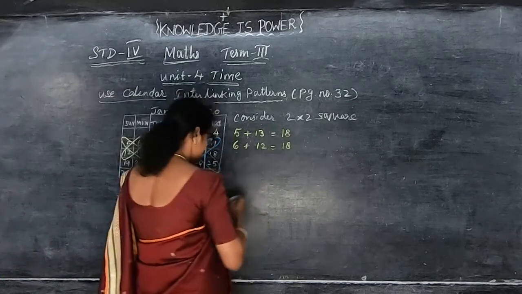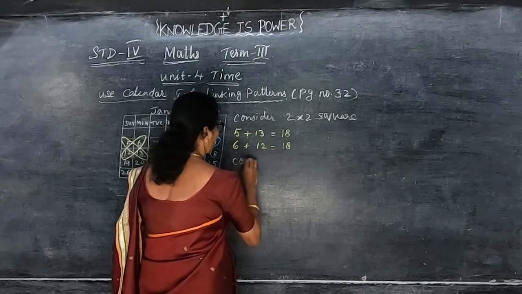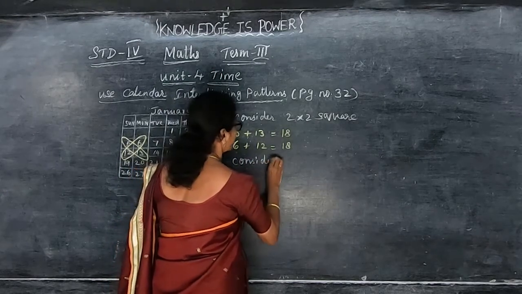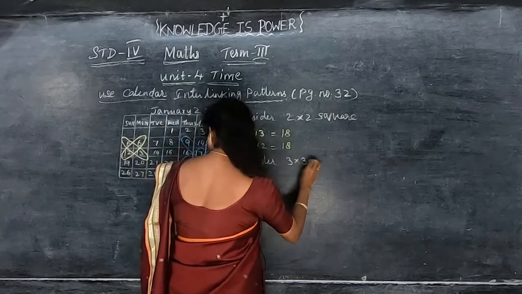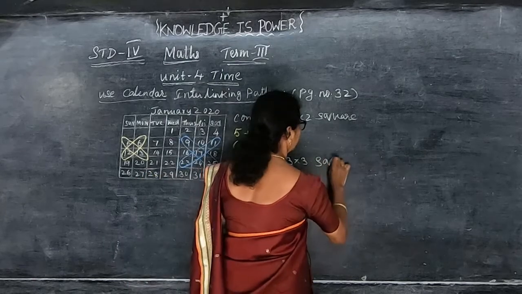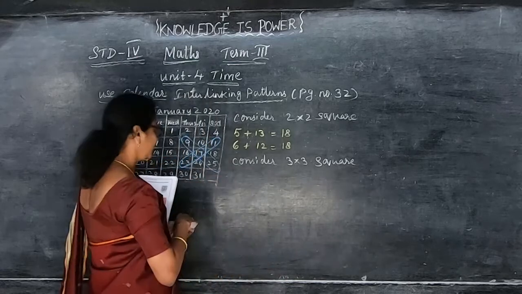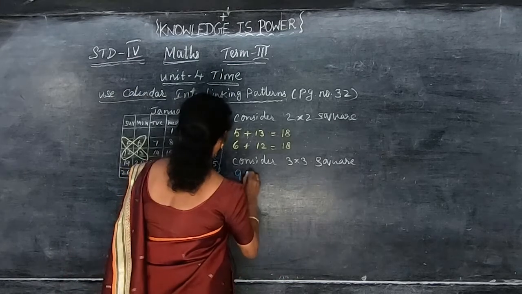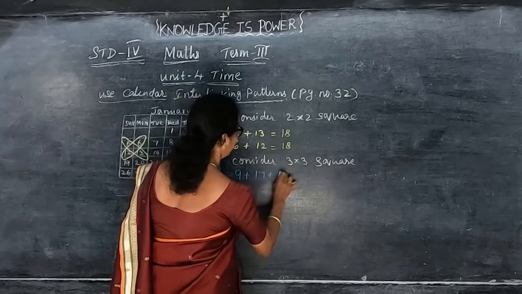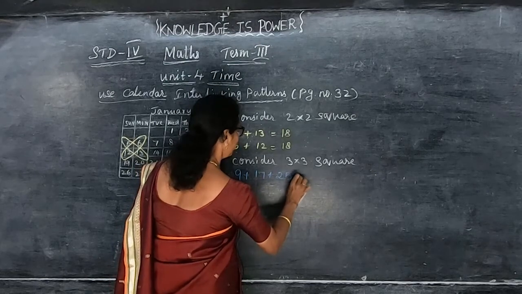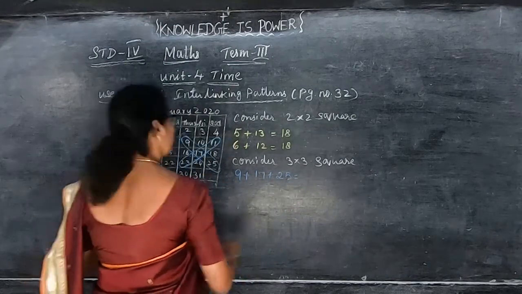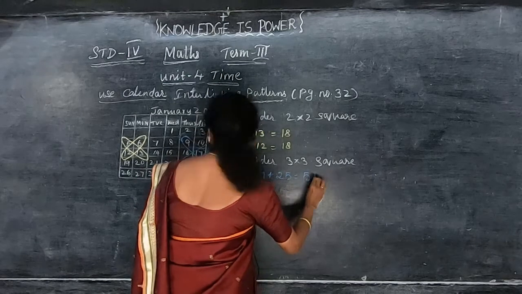So consider 3 into 3 square. When we make the 3 into 3 square, what number are we getting? So 9 plus 17 plus 25. How much will we get? 51. Okay.